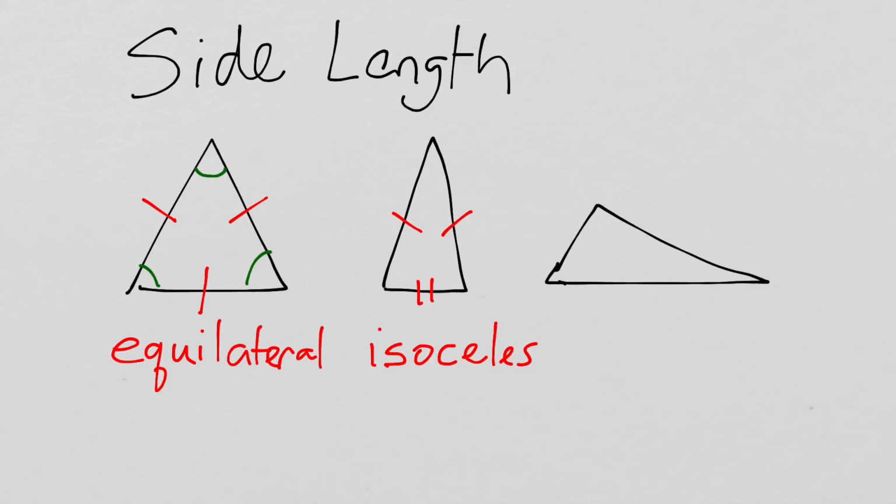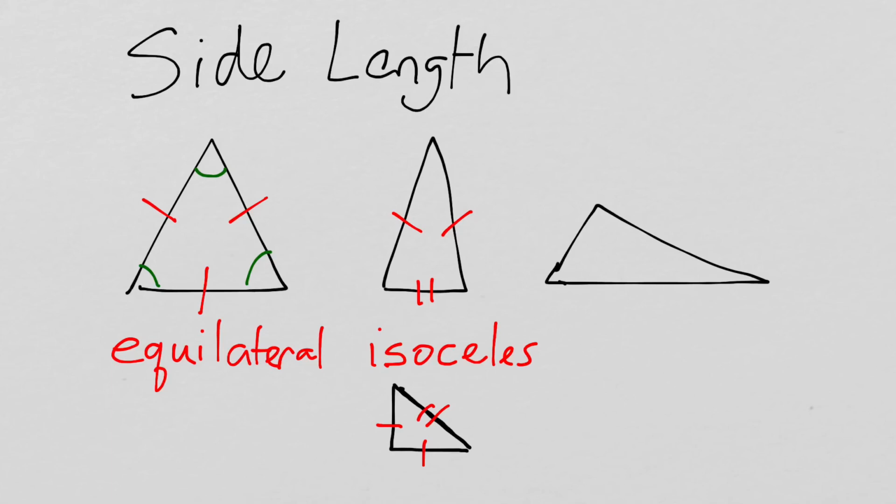Isosceles because it has two of the same length sides and one different. It's not the only way an isosceles can be drawn. I could have this side length the same as this side length, and then when I join them here, that's a longer one. This is called the hypotenuse, it's the longer one. So those are both the same, and this one's different. So that's also an isosceles.